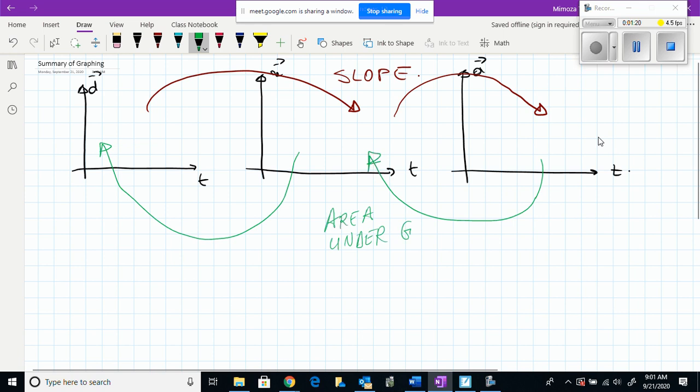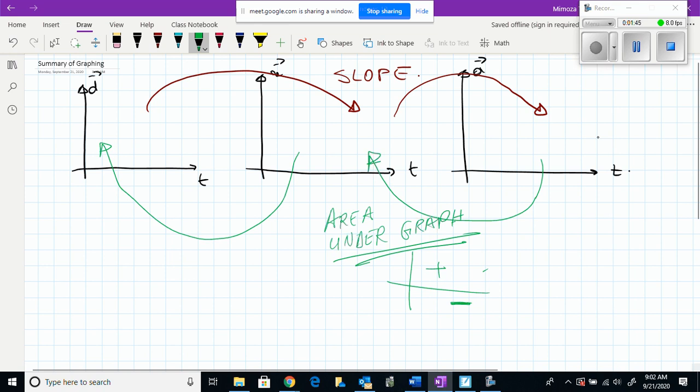When I say this, what you have to keep in mind is that the area above the x-axis is positive and the area below the x-axis is negative. And since we are talking about a vector quantity, we have to take into consideration the positive and the negative areas of the graph.